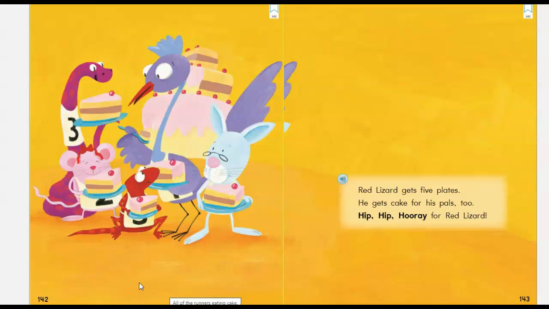Is what you predicted to happen what happened in the story? Or did you think something else would happen? I thought that Red Lizard would share his cake with his friends. When I saw how big the cake was, I thought there's no way he could eat that whole cake himself. Red Lizard is a good friend.